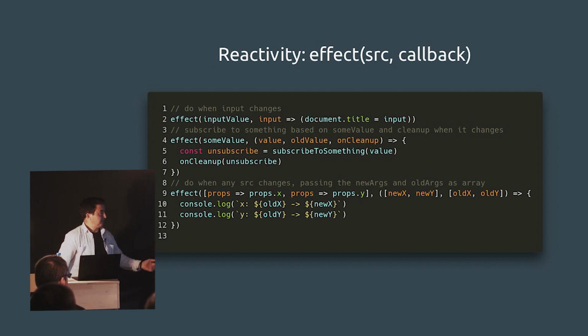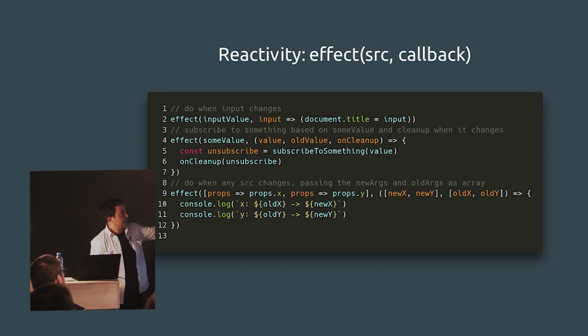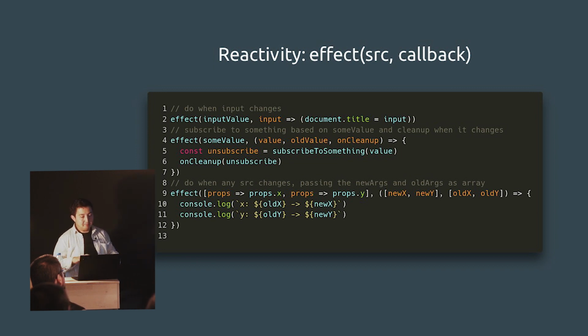So a little example here. Let's say I want an effect when some input value I have changes. I want to say, okay, the document title will be this input value. So every time the input changes, the document title will be updated. Here, for example, I want to be able to make a subscription to something.